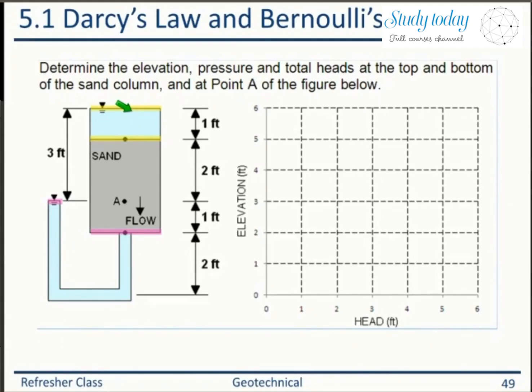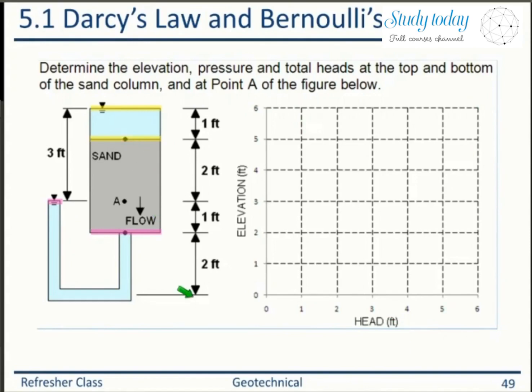So I have to follow with 6. Why? Total head is elevation head plus pressure head. At this point, when your elevation is 6, your elevation head is 6 and pressure head is 0. Therefore, total head is 6. So when your elevation is 6, the point should be there.